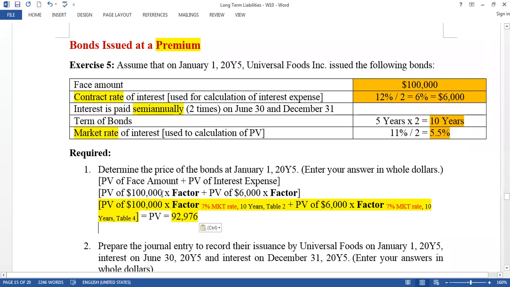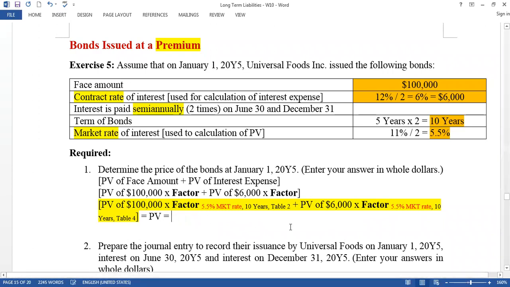So present value of 100,000 times factor, present value of $6,000 times factor. So $100,000, how to get the factor? Market interest rate is 5.5%, right? So we find that market interest rate is 5.5%. For interest expense, we are going to use table 4. Okay. And table 2 for present value of face amount.